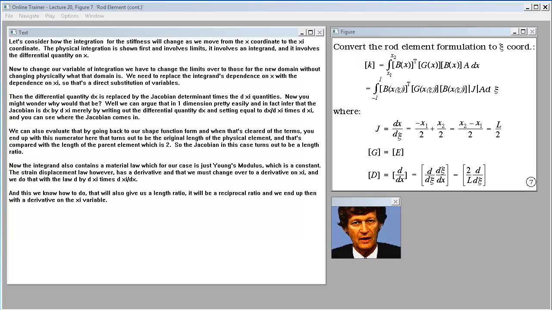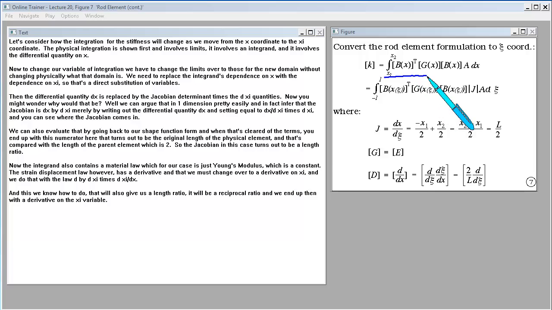Let's consider how the integration for the stiffness will change as we move from the x-coordinate to the xy coordinate. The physical integration is shown first and involves limits, it involves an integrand, and it involves the differential quantity on x.